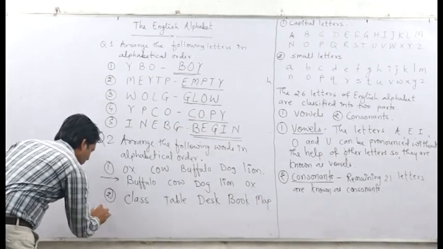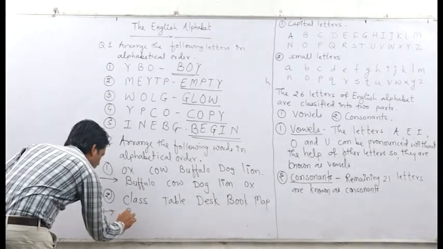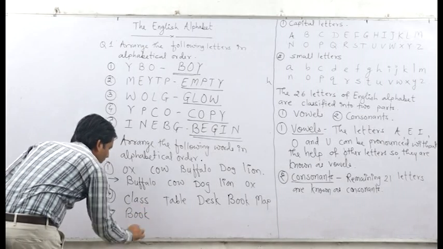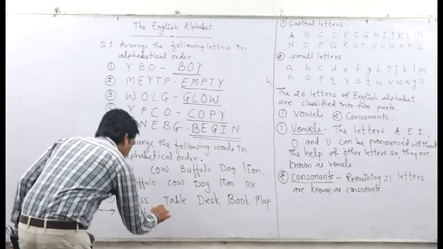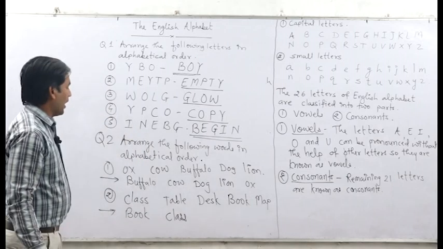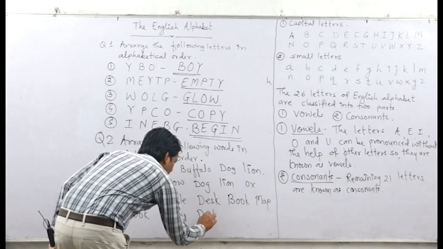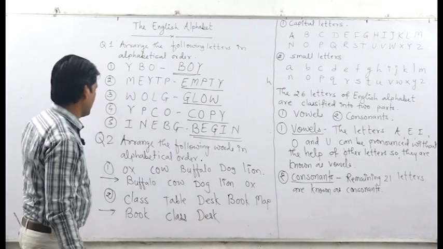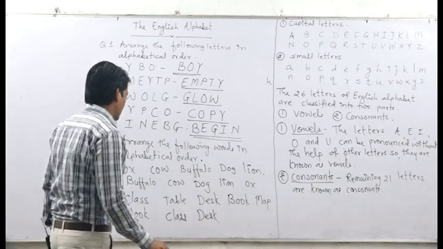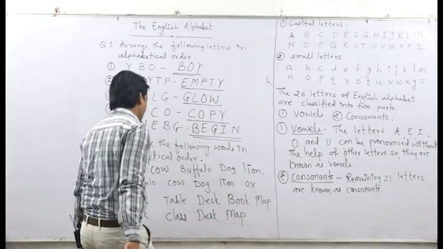So what will come first? First of all we have to write here what? Book. Next one what? Class. After that desk. Then after that map, and at last table.